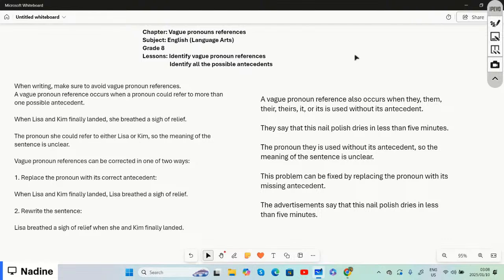So when you're writing, you need to make sure that you avoid vague pronoun references. It's where one pronoun can refer to more than one antecedent, or more than one person, or more than one thing, right? You're not being specific.